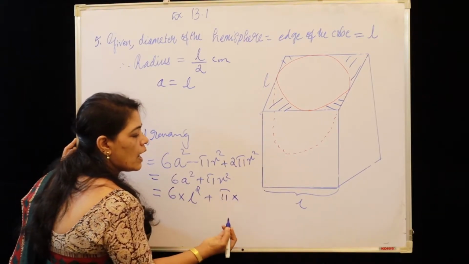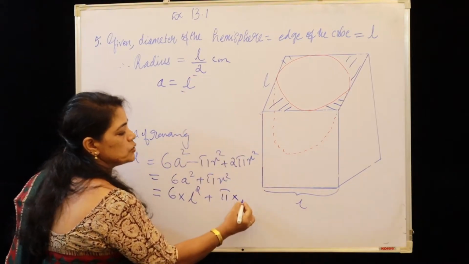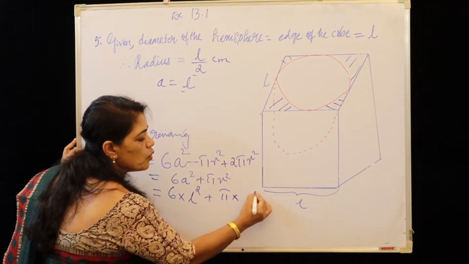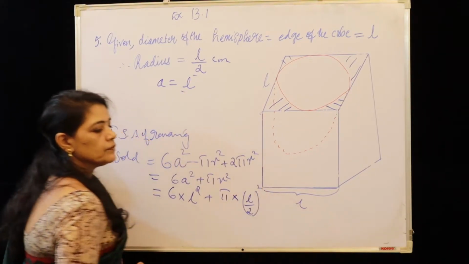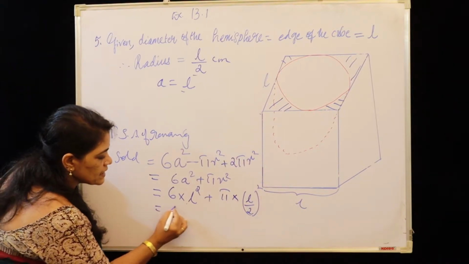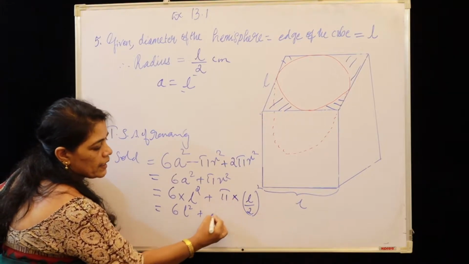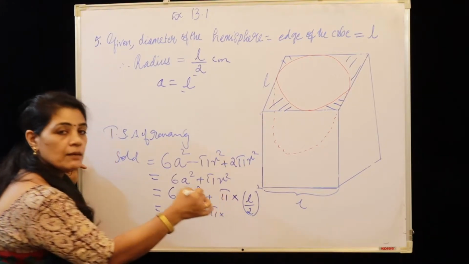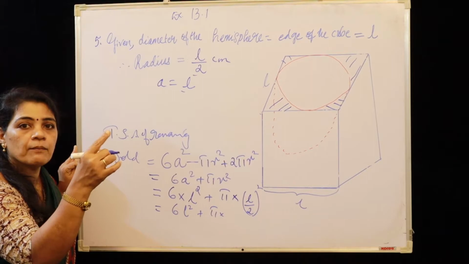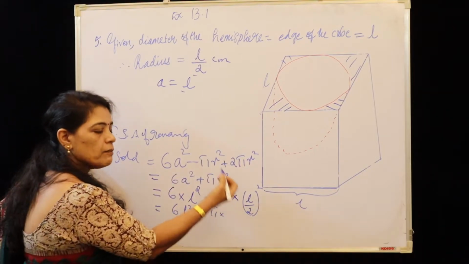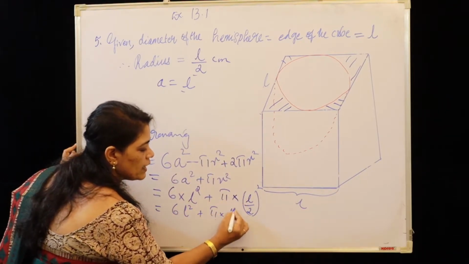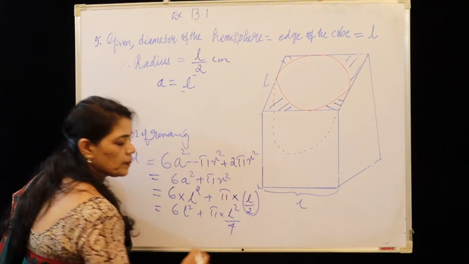So what is r? L by 2, so L by 2 whole square. So 6L square plus pi into L by 2 whole square. Since a by b whole square is a square by b square, it becomes L square by 4.